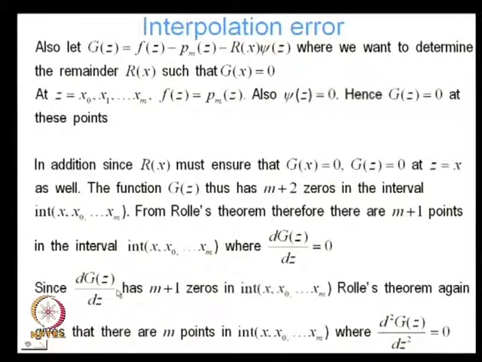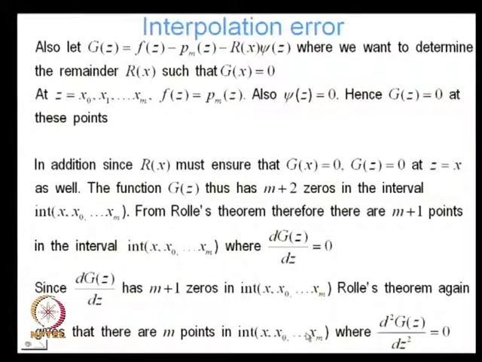Now dg/dz has m plus 1 zeros. That means d2g/dz2 must have m zeros. If this function has m plus 1 zeros, its derivative must have m zeros.